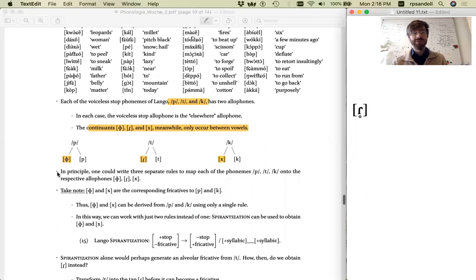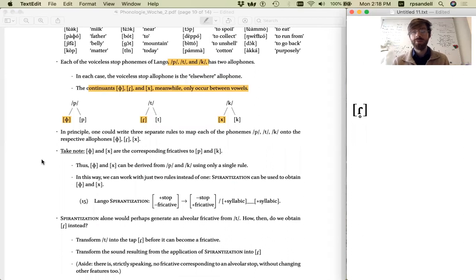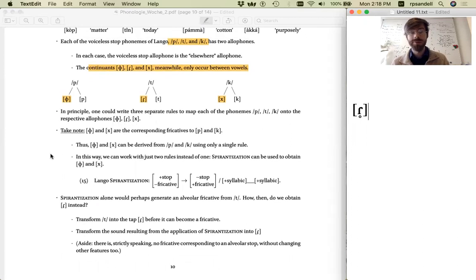Now, for deriving each of these three continuant allophones, you could, of course, write three separate rules, which map the underlying phoneme p, t, k onto the respective allophone, f, r, h. What should stand out to you from the beginning is that this bilabial fricative and this velar fricative are clearly the unproblematically corresponding expected fricatives at the same place of articulation as the stops.